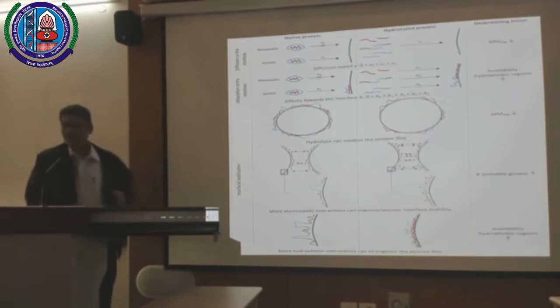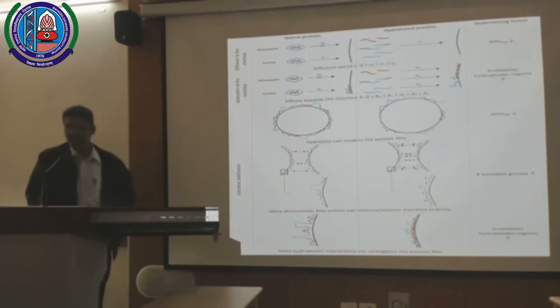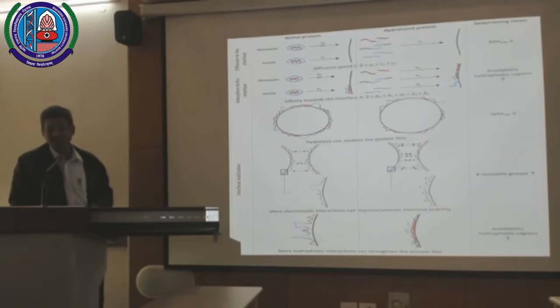So native protein, hydrolyzed protein, then the determining factor. We're talking about soluble and insoluble, and the idea is the native protein, if you go to the hydrolysis, they interact with soluble protein and then the hydrolyzed protein. So the molecular size reduction is happening here.